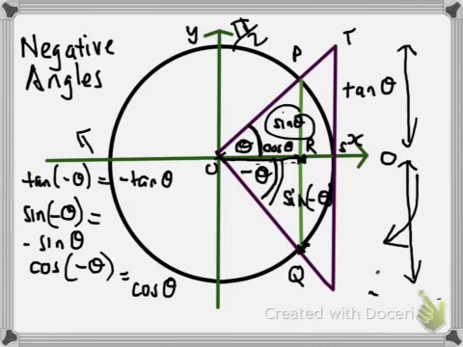Just going over that again. When we're looking at negative angles, we're moving in a clockwise direction, the opposite direction. Sine theta will be the same value, but it will be negative. Cosine theta is common to both theta and negative theta, and tan theta will be negative.